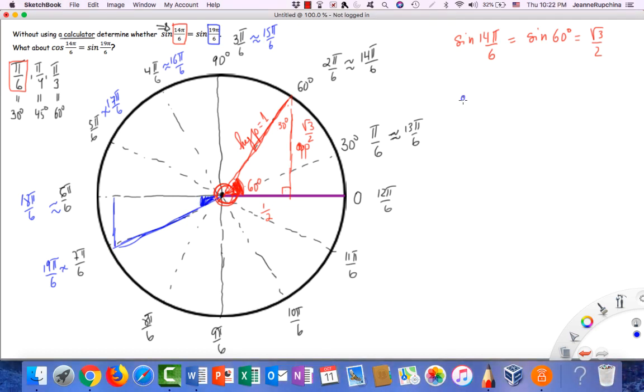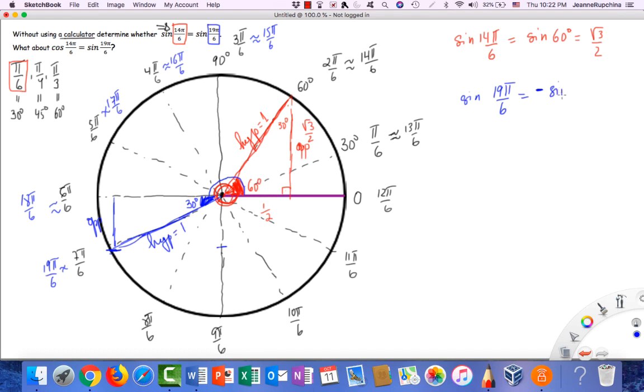And if I'm looking for sine of 19 pi over 6, this is a 30-degree angle, right? It's going to be a 30-degree angle, but with a minus in front of it, because whatever I get down here is a negative. I'm looking for the opposite side, and this is the hypotenuse, which is equal to 1.